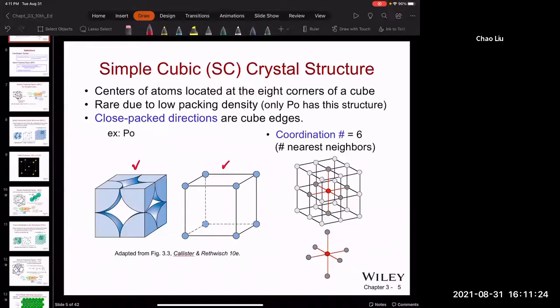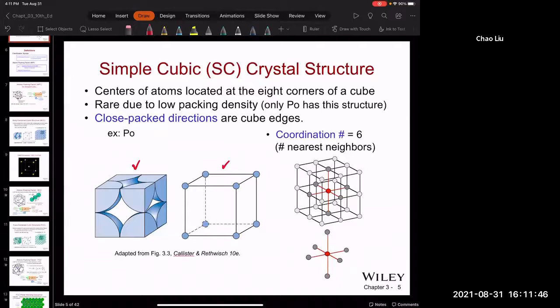And as you can see from this one here, if you wanted to know the density, it's very obvious that you simply look at how much of the space is actually occupied by the atom, and what is the total number of atoms in that cubic cell?